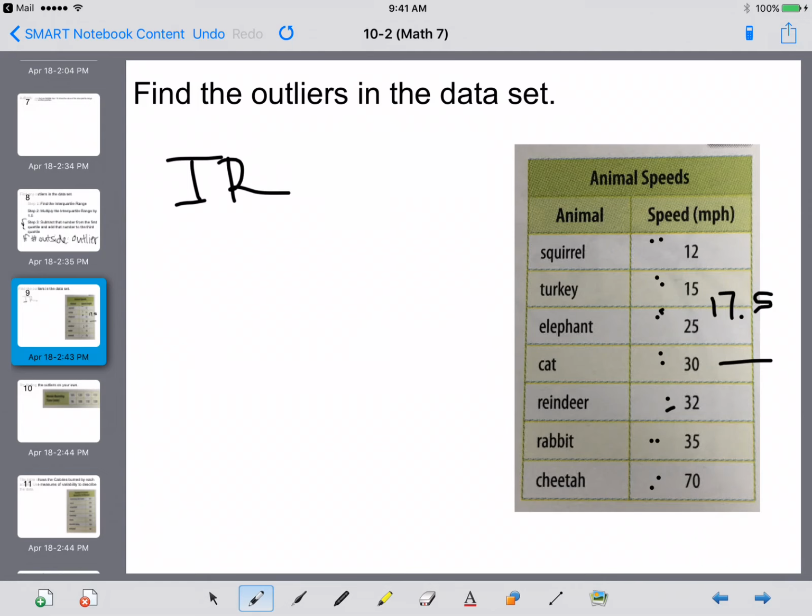The number that is in between 32 and 35 is 33.5. To figure out our interquartile range, we take our third quartile of 33.5 and subtract our first quartile of 17.5. And we end up with an interquartile range of 16.